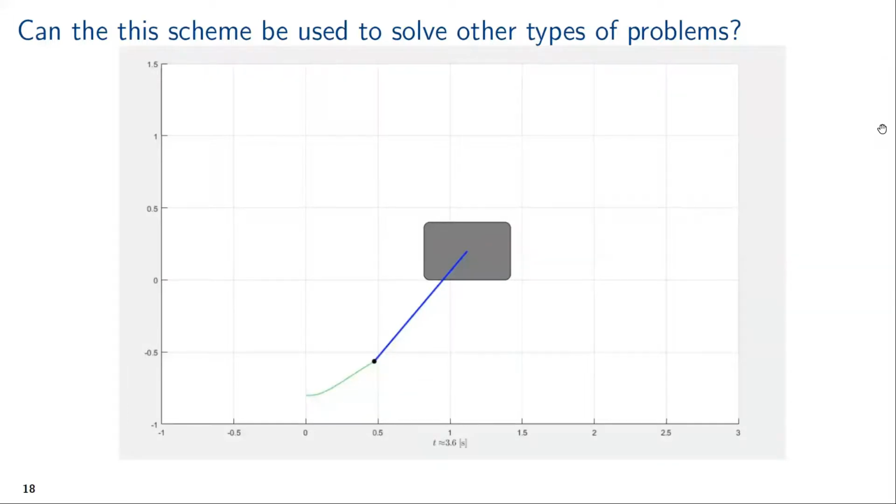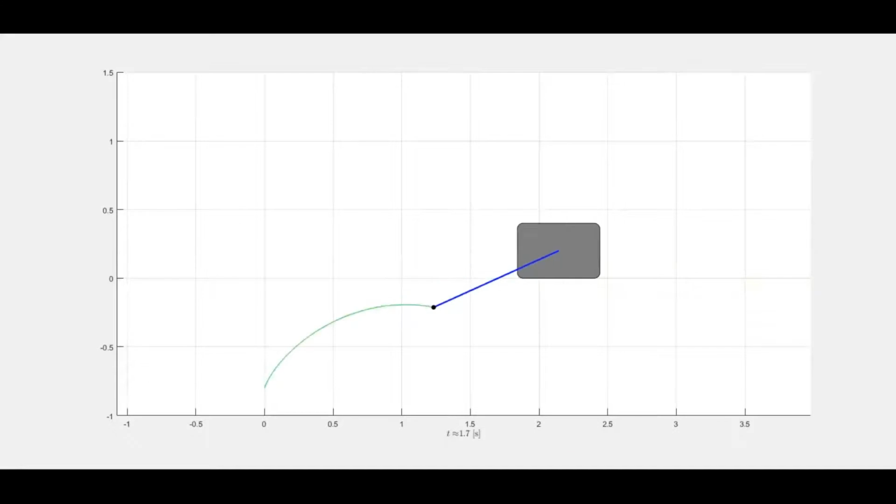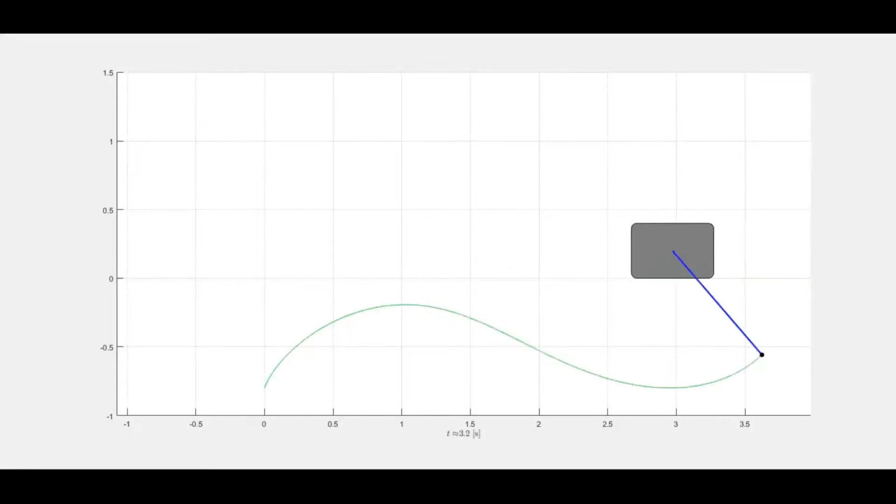Before we move on to designing a controller for stabilizing this found periodic solution, I want to briefly mention that we can use, or at least quite easily modify, this trajectory optimization problem to plan trajectories for other types of systems as well. To demonstrate it, let's look at the following. Here we have used it to plan a so-called swing-up motion for the well-known cart pendulum system.